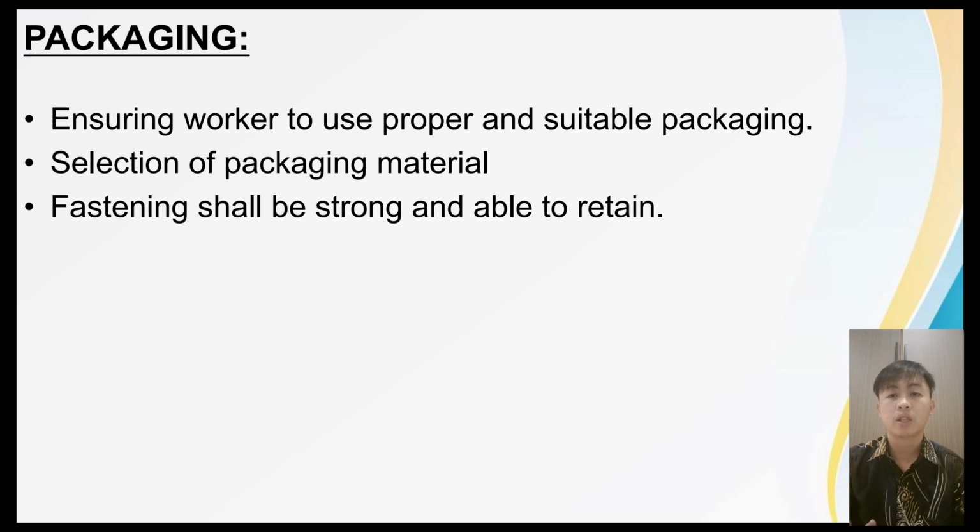Next, fastening shall be strong and able to retain, which means that after the oil drum is full, we must ensure that the seal is not easily broken, to avoid any spill or leak.